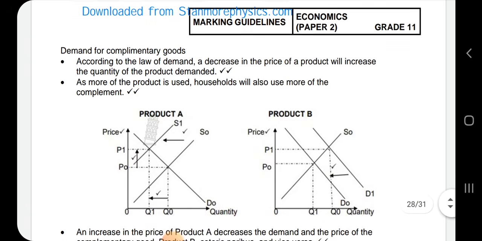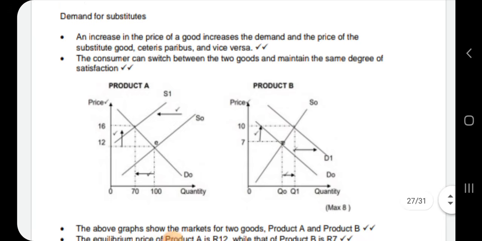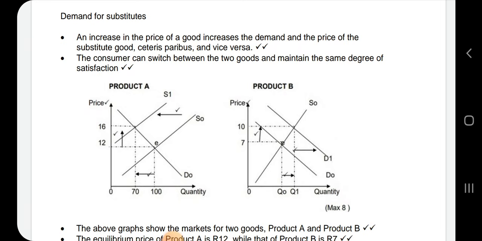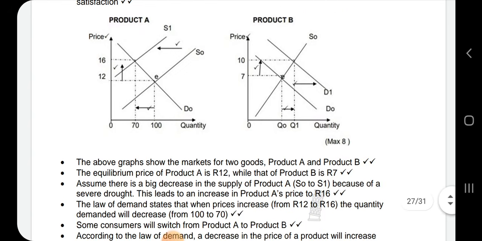So here you have talked about demand for substitutes. An increase in the price of a good increases the demand and the price of the substitute good, ceteris paribus, and vice versa. So the consumer can switch between two goods and maintain the same degree of satisfaction. So we have product A and product B. The above graph shows the market of two goods, product A and B.